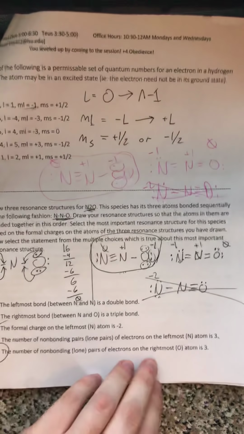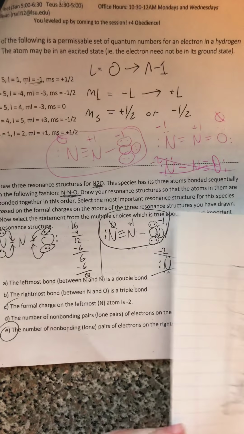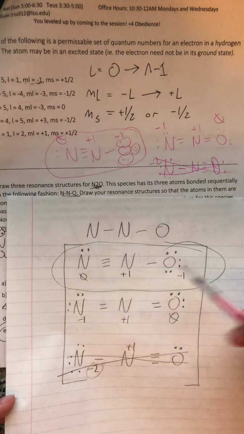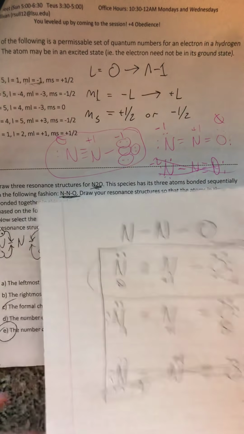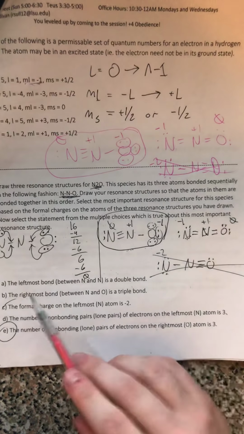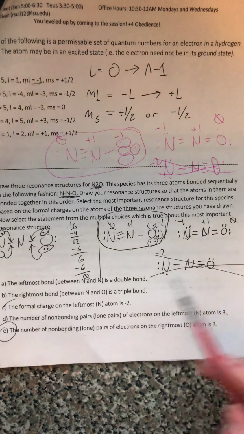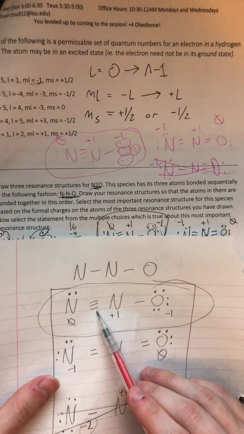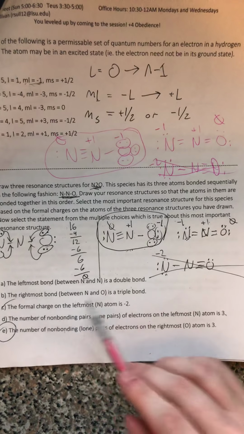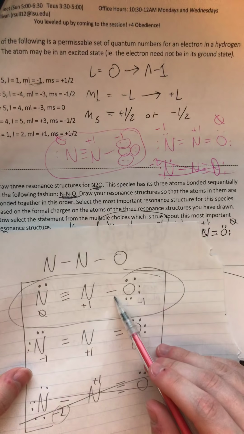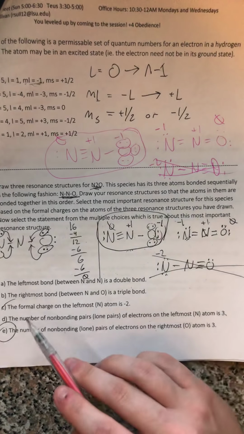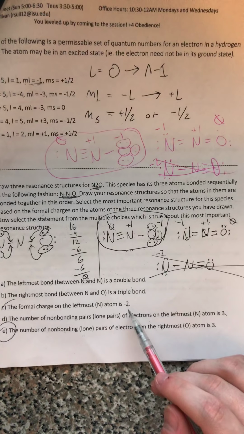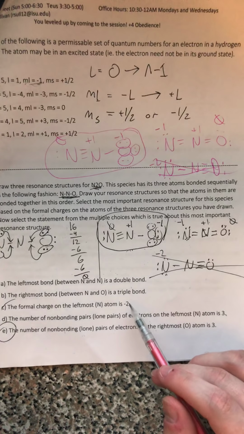So then for the actual answer choice, you just compare your chosen structure to various things that they mention in the choices. They say that the leftmost bond is a double bond. Nah, that's a triple bond. The rightmost bond is a triple bond. No, that's a single bond. The formal charge in the leftmost N atom is -2. No, that's never going to happen.